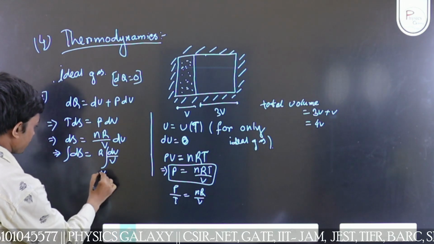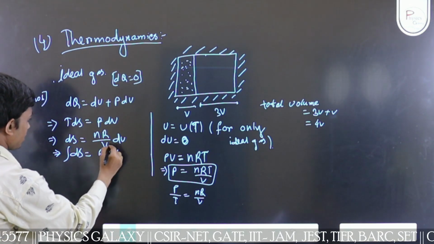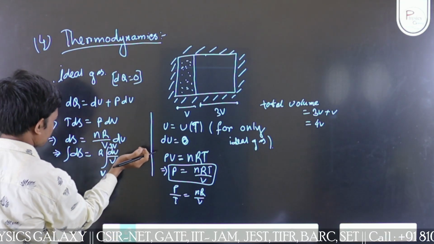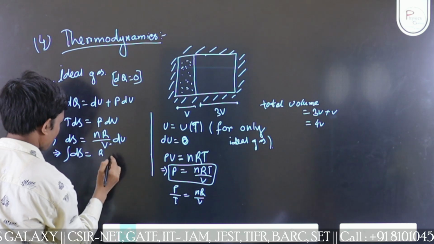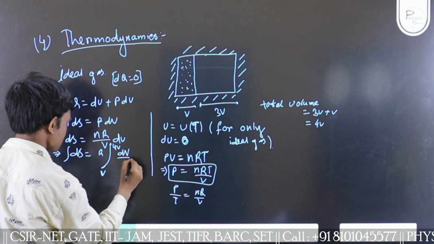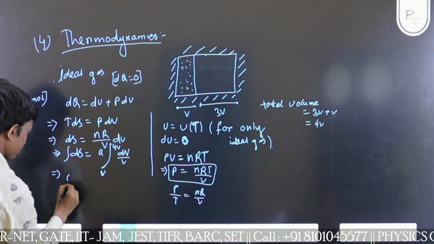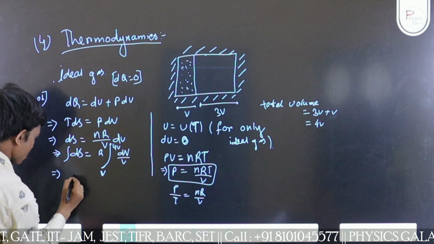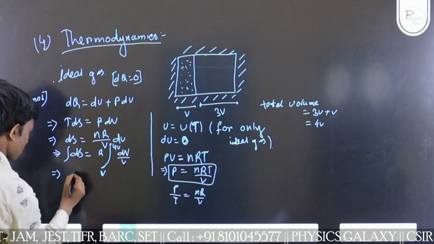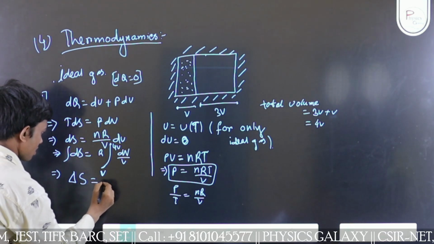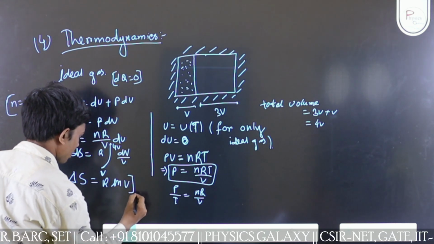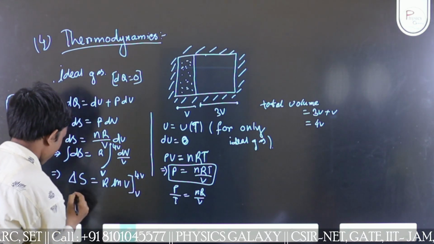At first it was in the volume V, and after expansion it will be in the total volume 4V. The change is R ln of V to 4V.